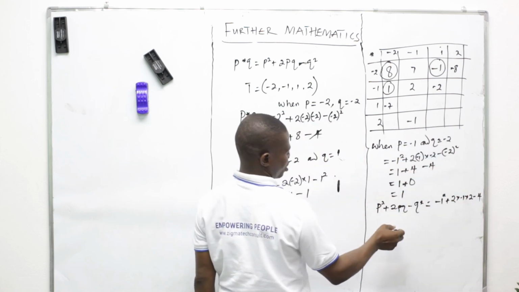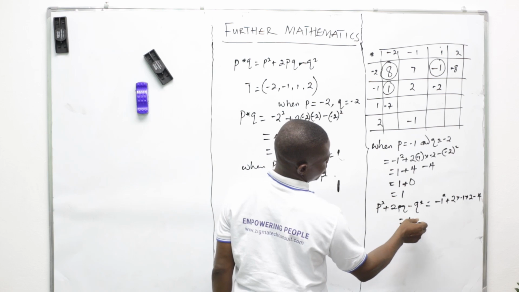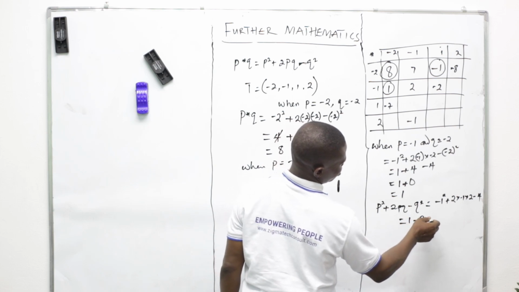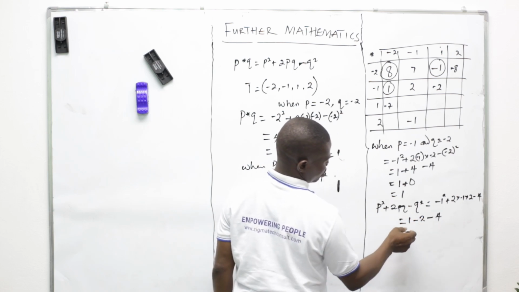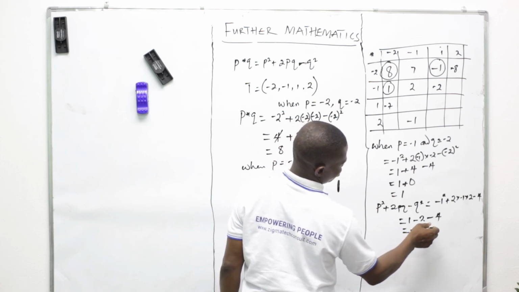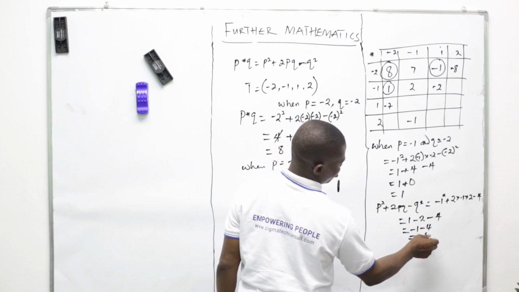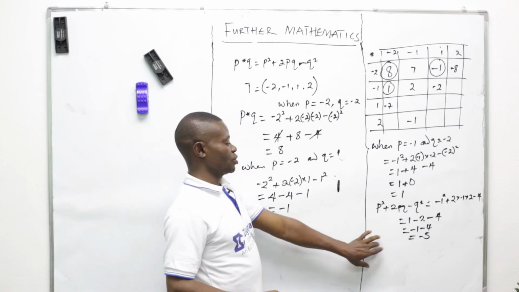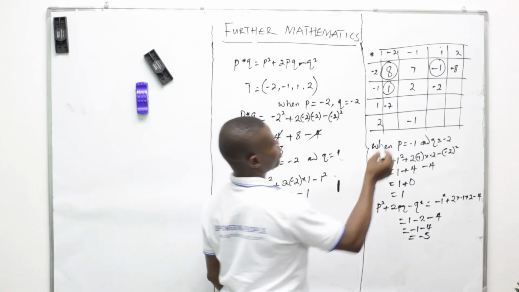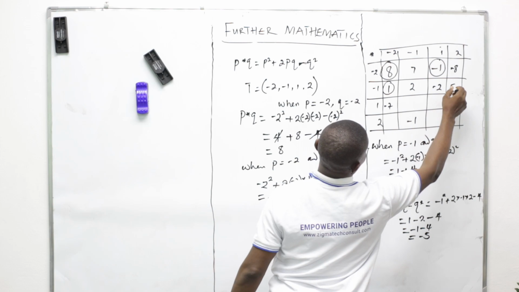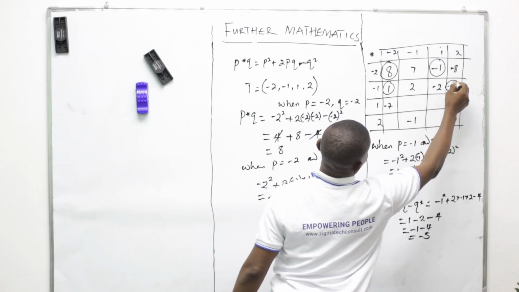That is 2 squared. 1 minus 2 minus 4. This is minus 1 minus 4, that is minus 5. Here is minus 5. Circle it.